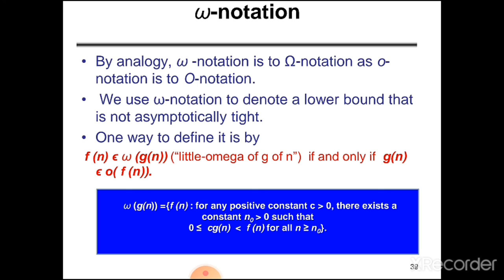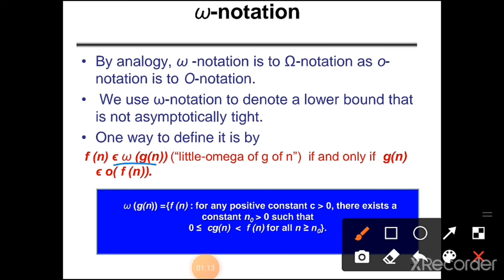Then the next notation is little omega notation. Here little omega notation is represented like this. f of n equals little omega of g of n for every positive constant c greater than 0, there exists an n naught value greater than 0 such that 0 less than or equal to c into g of n less than f of n for all n greater than or equal to n naught.